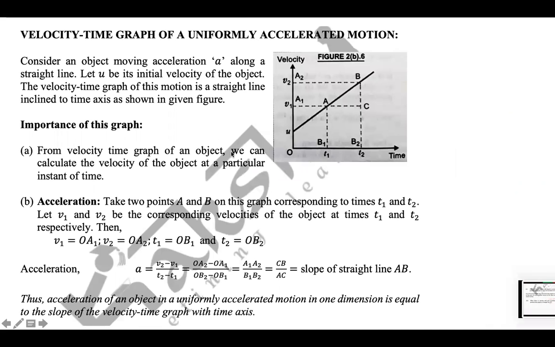Now, velocity time graph of a uniformly accelerated motion. If you see a velocity time graph of a uniformly accelerated motion, there are two things which we can find here. The acceleration can be found out by the slope of the velocity time graph. So the slope of VT graph gives acceleration.